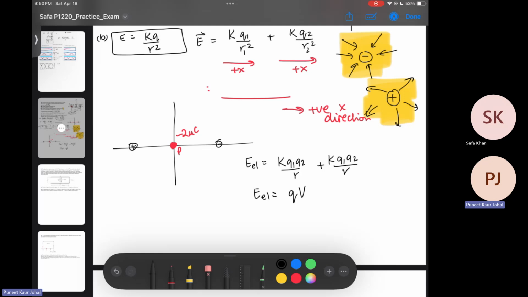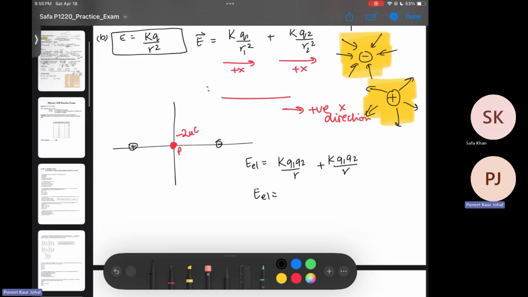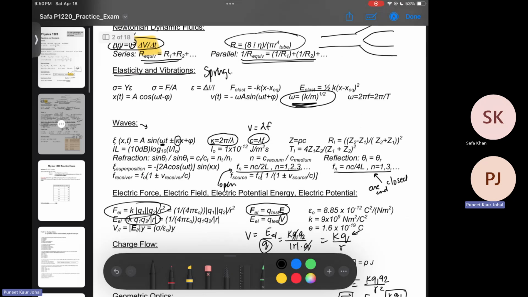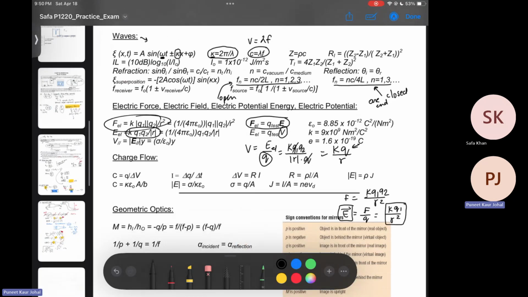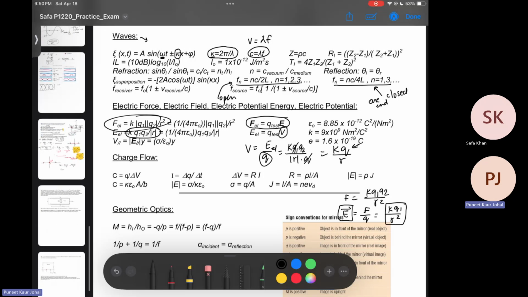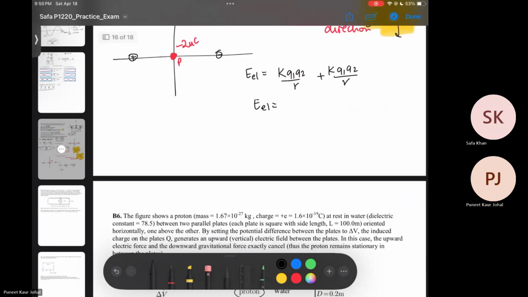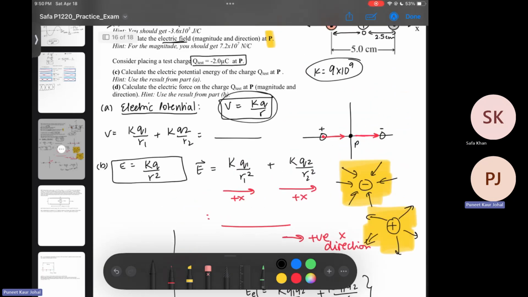And this Q is going to be the charge that we're testing it for. If you look at the formula sheet, it's the Q test charge. It says Q test times V, right? So there are two ways to calculate it. You could do it this way with the formula, or you can do Q test times the V that you found in part A.